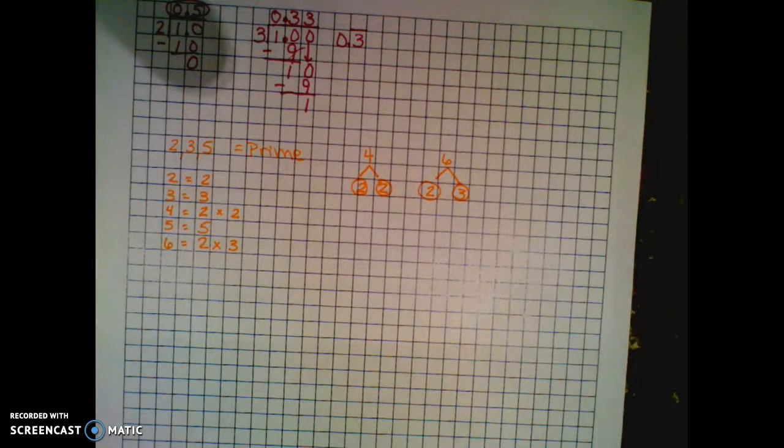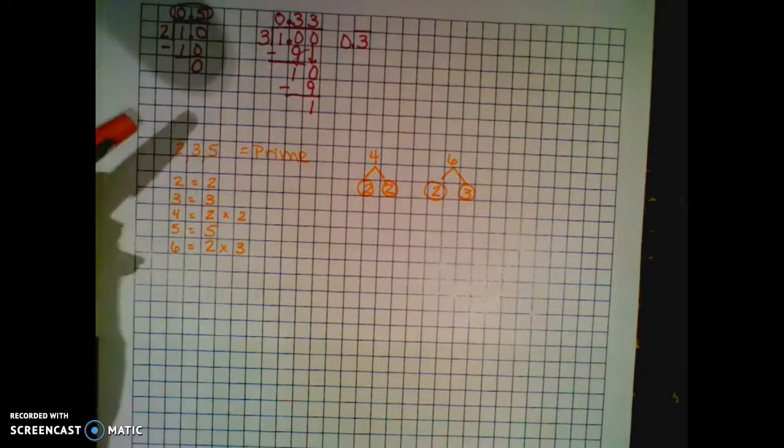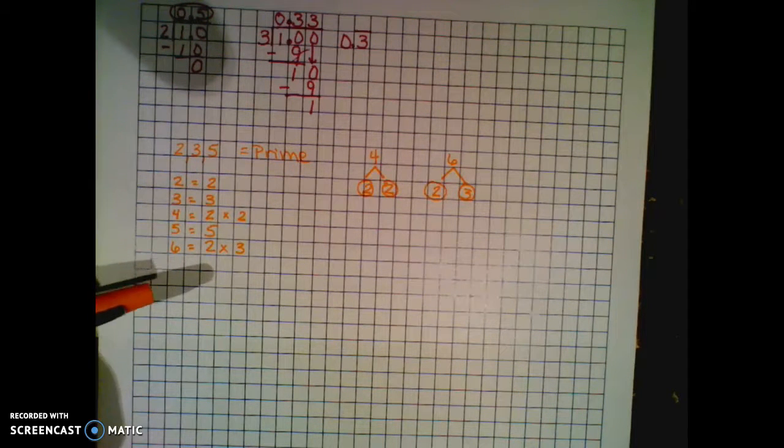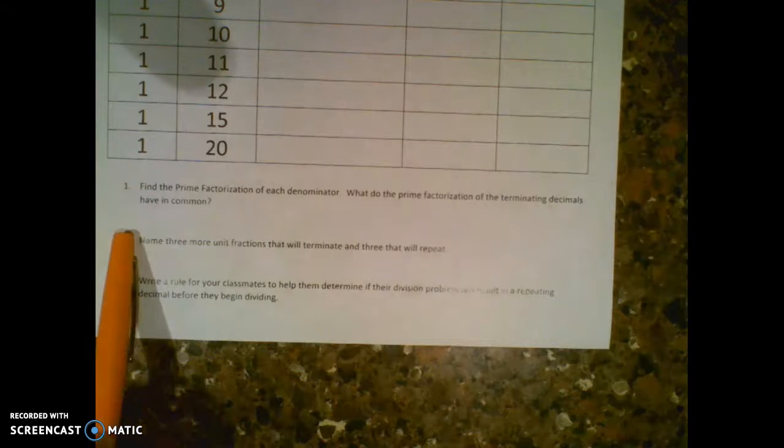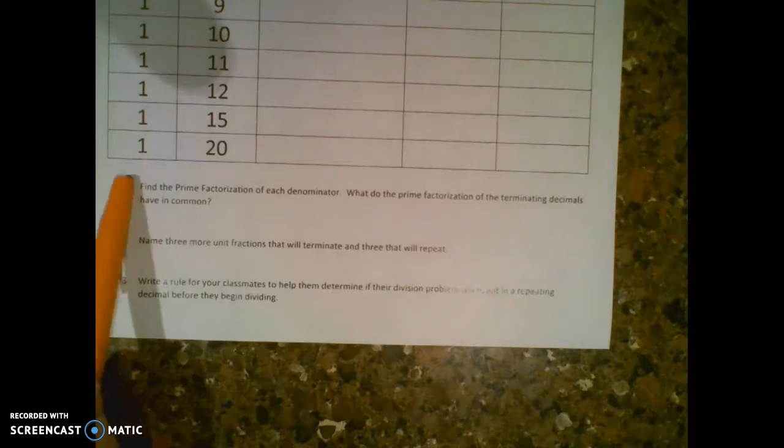So I did the first few with you, and you're going to do the rest on your own. And I want to see this in your composition book, okay? Doing this is going to help you when you get down to answering numbers. You can't answer number 1 without doing it, but it's also going to help you answer numbers 2 and 3.